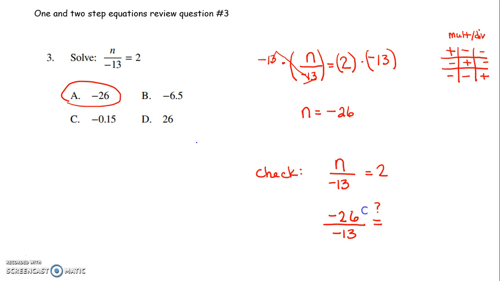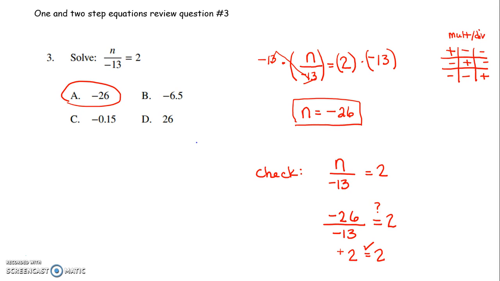And I'm hoping that when I divide those out, I come up with a 2. What's a negative divided by a negative? A negative divided by a negative is a positive. So that's a positive. 26 divided by 13, that is 2. So 2 does equal 2. I'm like, all right, I'm doing super. I got this. The check worked out, which means n equals negative 26 is a correct answer.